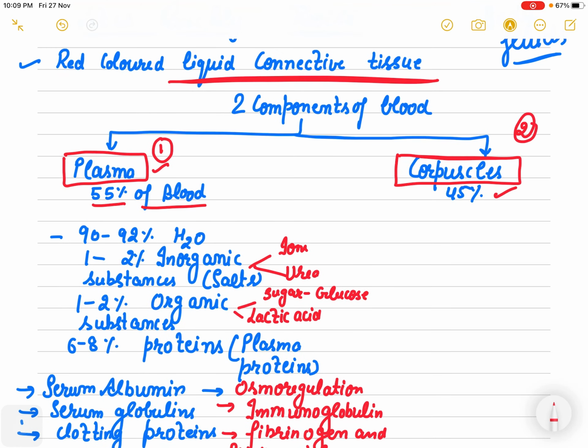Even in the plasma you will find the maximum content is water. Only a very few percentages of inorganic salts, organic substances, and 6 to 8% proteins. And these proteins are specifically known as the plasma proteins, right? The majority is still water, then inorganic salts, organic substances and proteins.